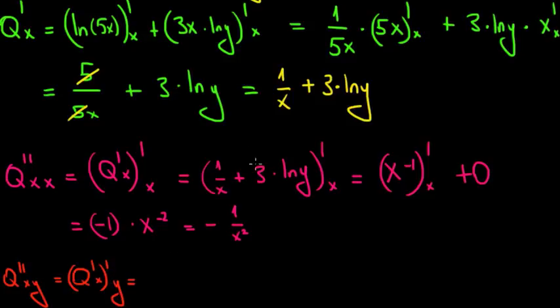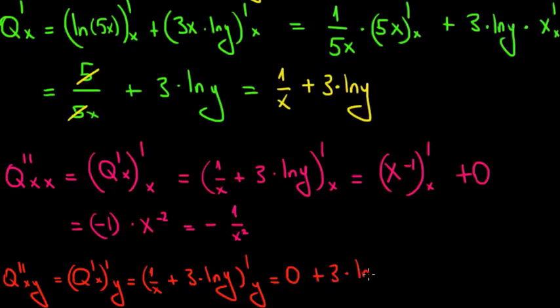So that was the first derivative, 1 over x plus 3 times ln of y, and now we differentiate this with respect to y. So from the first part we have just the constant, because x is held as a constant, the derivative of a constant is just 0, plus 3 is a constant, and we take the derivative of ln y. So that's just 3 times 1 over y, and that's equal to 3 over y.